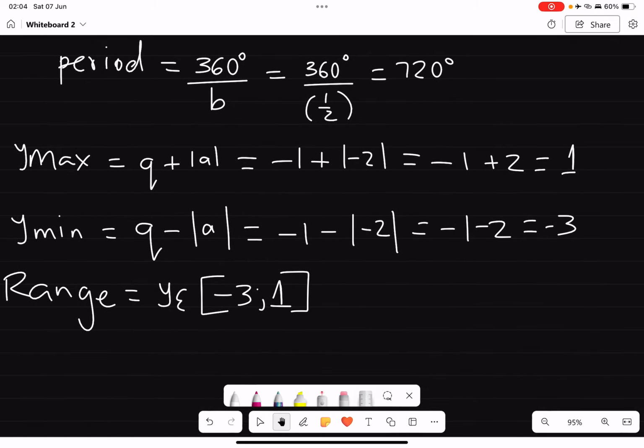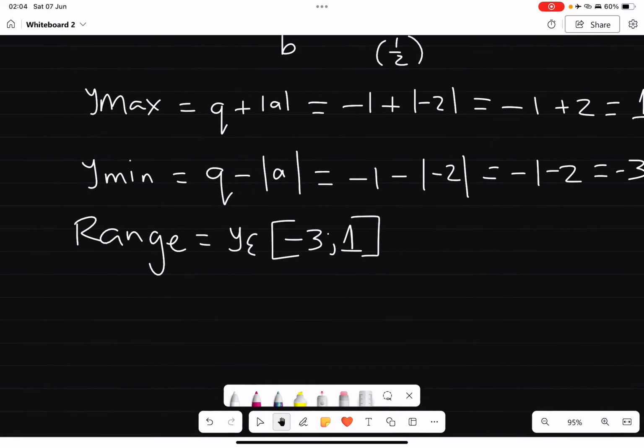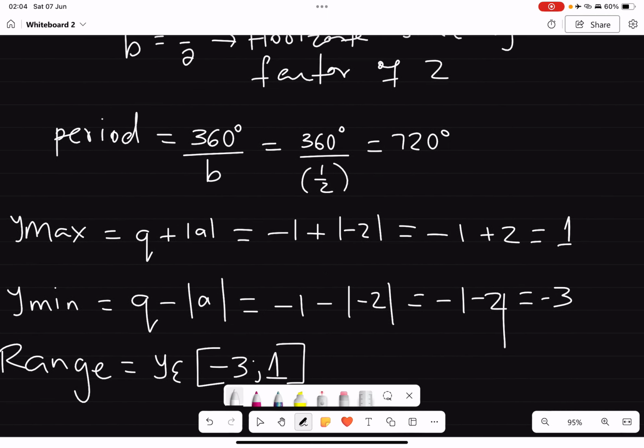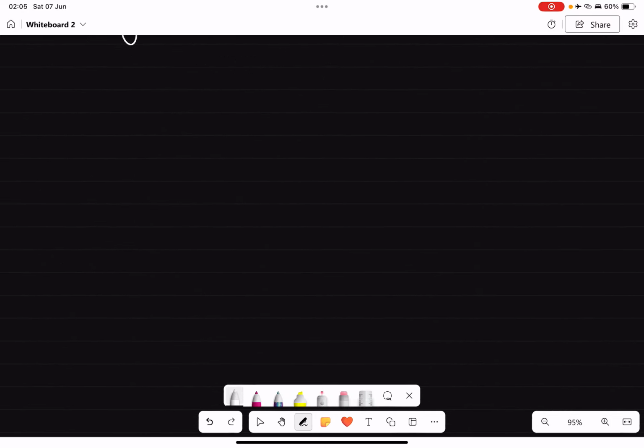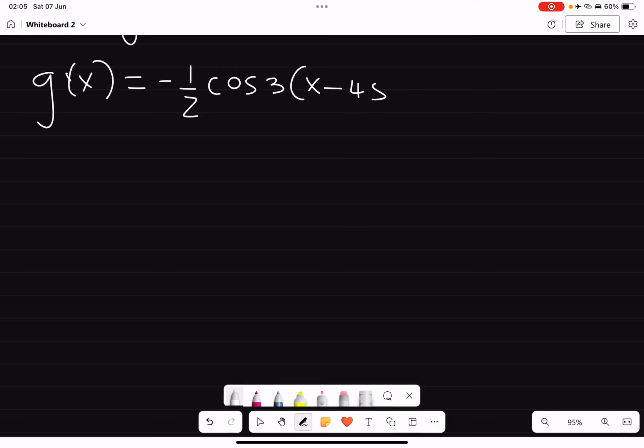And that's it with this video. Ladies and gentlemen, we are now going to do the second example, of which I'm going to advise you to pause a little bit and try it on your own, then resume. And the function is g of x equals -half cos(3x minus 45) plus 2.